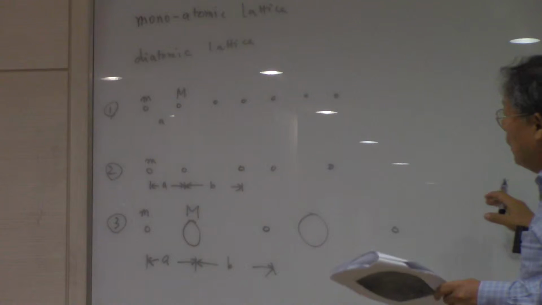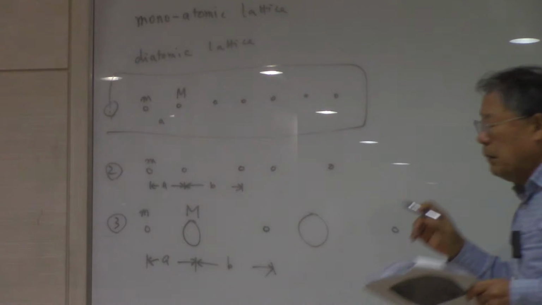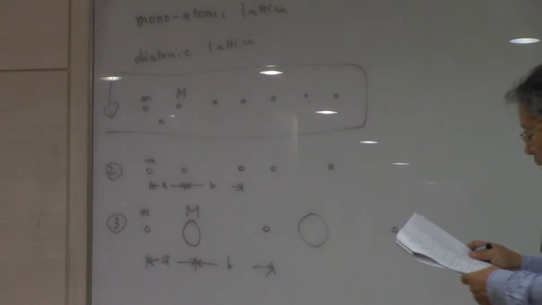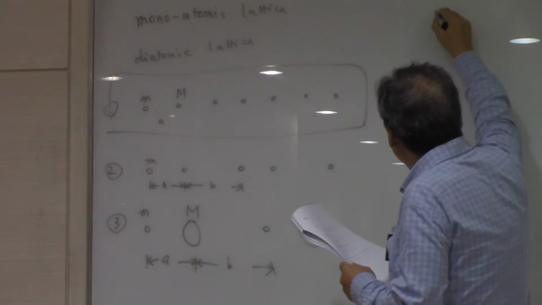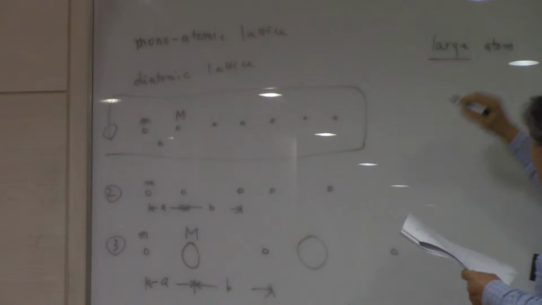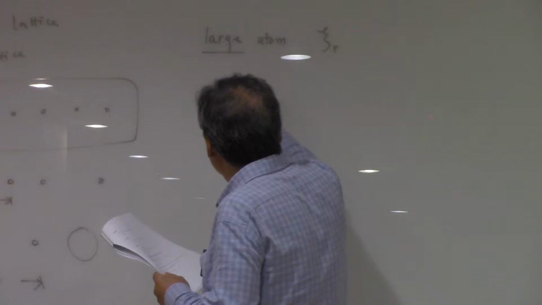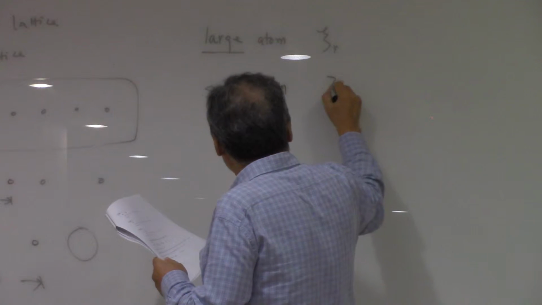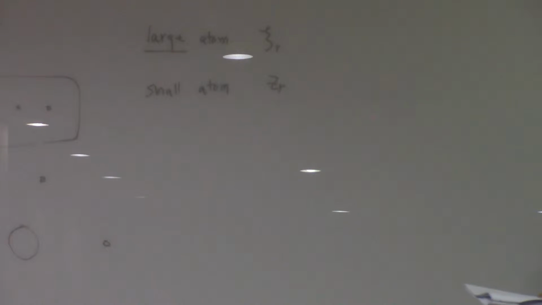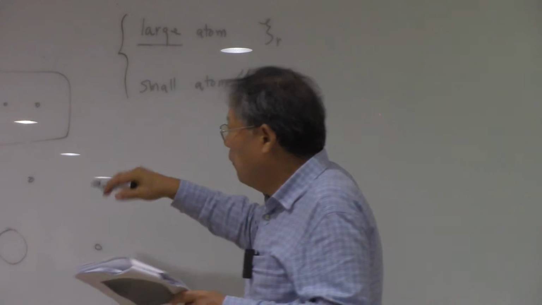And in this case, what we are going to do is we have to make a reference of 2 atoms, light atoms and heavy atoms. So the large atom displacement, we call this psi r, okay? And small atom displacement is going to be called zr, okay? And then we're going to have 2 equations for this case.